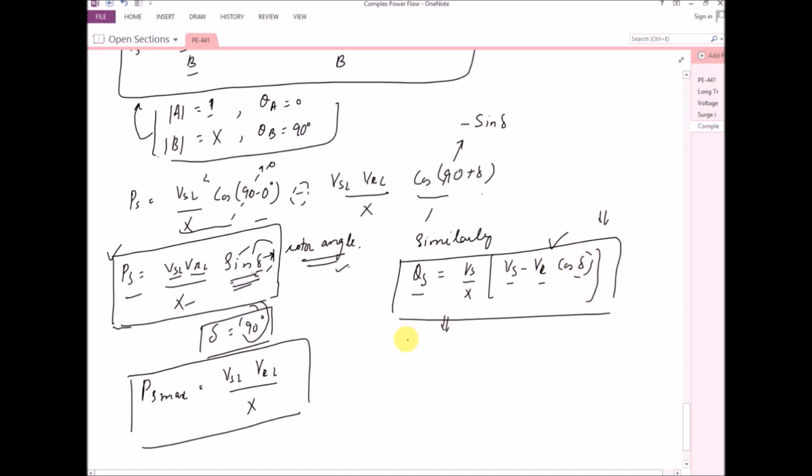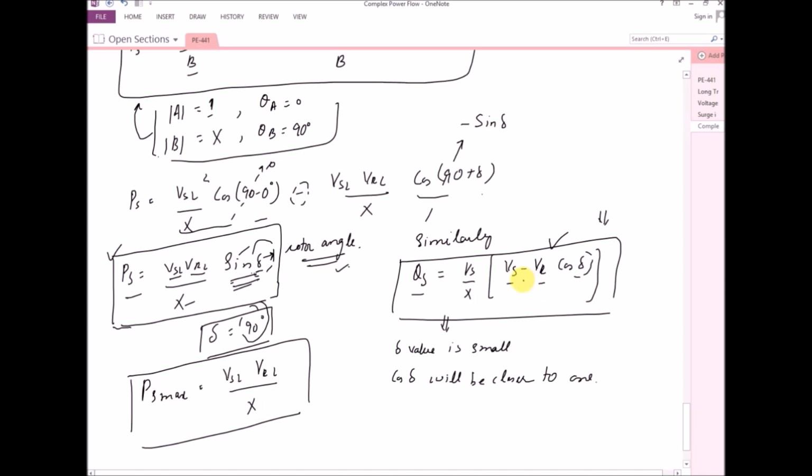If the delta value is small, the cos delta value will be closer to 1, so it is not very dependent on the changing rotor angle. So the reactive power from the sending end is dependent on the difference of voltage between the sending end and the receiving end.